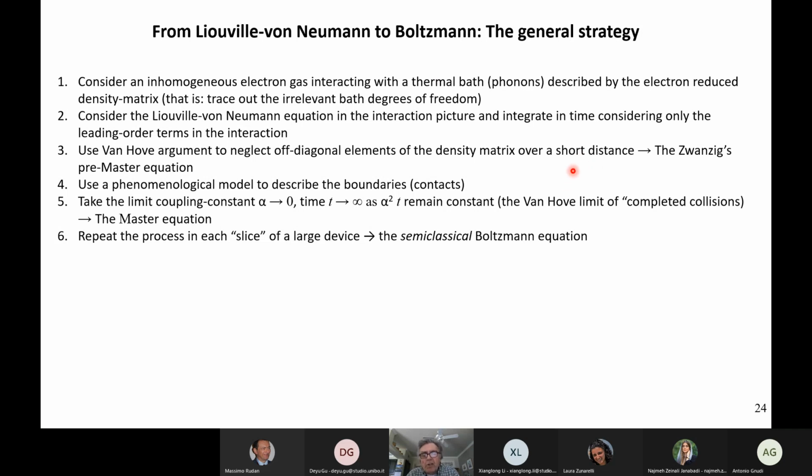And this will lead us to something which will begin to look like the master form of the collisional integral in the Boltzmann equation, except that I will still retain reversibility in time. In the pre-master equation, there will be an integration over past times.